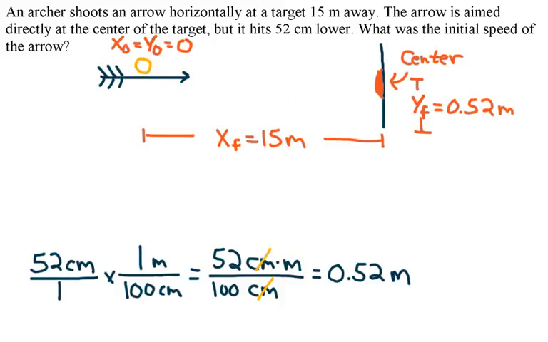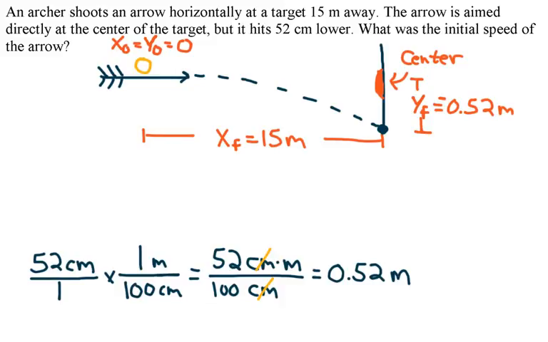So I'm going to draw a dotted line showing that it bends down slightly and then hits at that point. Since it is moving down from the origin in the y direction, I know that this 0.52 should have a negative sign out front. So I'll go back to that YF and throw in that negative sign.